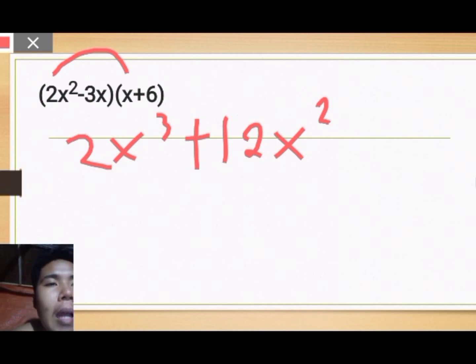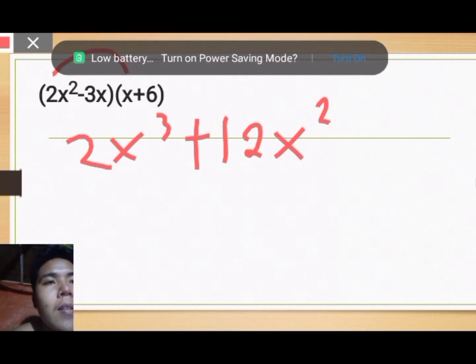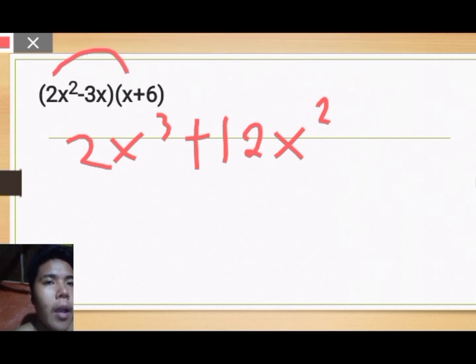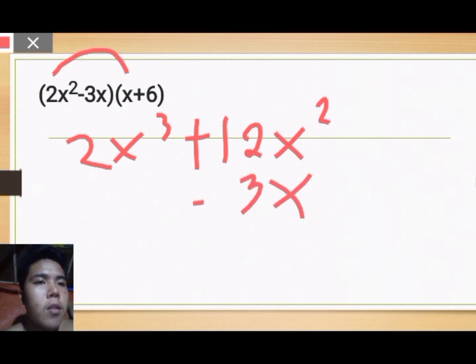And then negative 3x times x, so negative 3 times 1, we have negative 3x squared. Why x squared? Because the variable x has an imaginary 1 exponent, so 1 plus 1 would be 2.